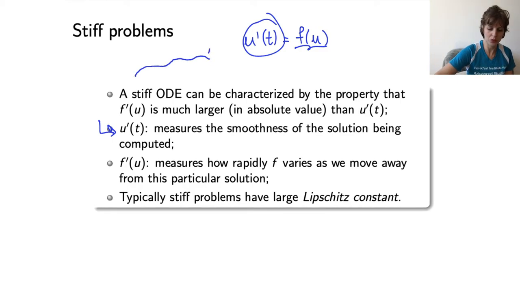So U of t, but if we have some non-smooth behavior, so the slope, we can have some behavior like this, right? So at this point the solution is like this, and then we have some discontinuity.